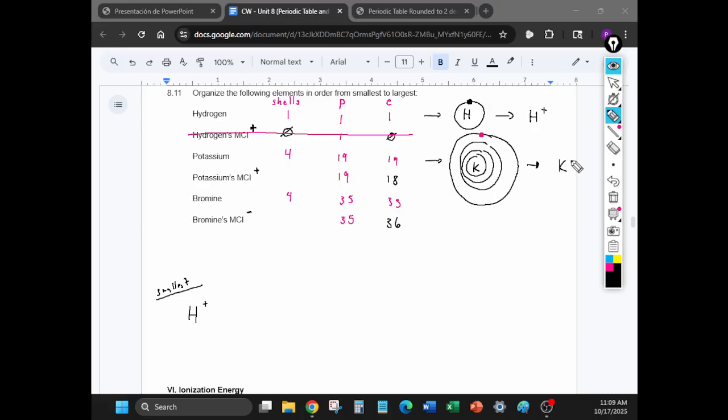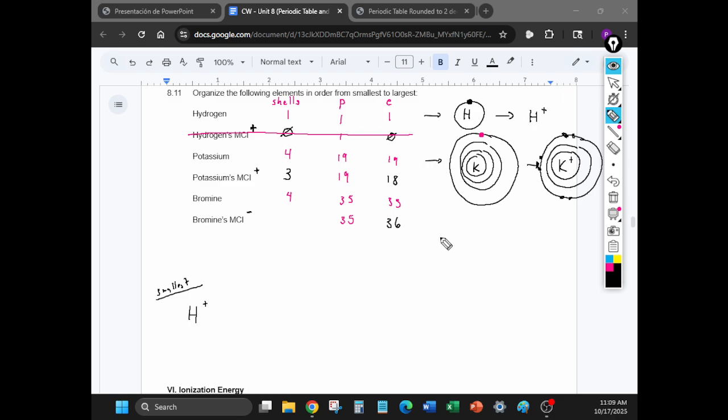Yeah, it disappears. K+ is going to have 3 shells with 8 valence electrons. So the 3rd shell, one of the inner shells, becomes the new outer shell, and K loses a shell. So K+ actually has 3 shells. That's one of the tricks for this question: identifying potassium. It's going to lose its valence shell.